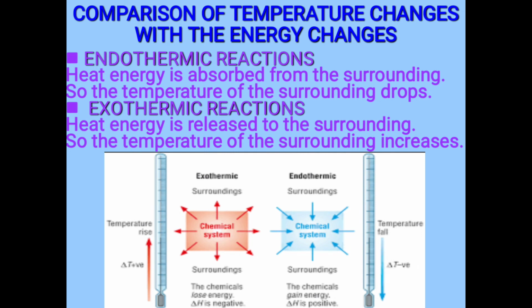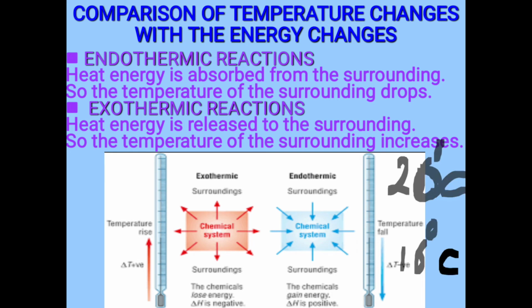Assuming we have started with a temperature of, say, 20 degrees Celsius, and now we end with 10 degrees Celsius. Of course, we know that this is our initial temperature, and this is our final temperature.